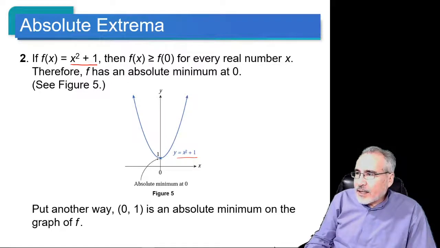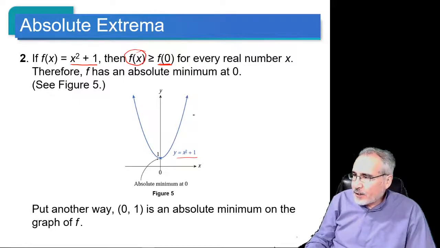What we see is that when x is 0, everywhere else the y values are bigger if you go to the left or the right. So that makes this point here, 0, 1, an absolute minimum.